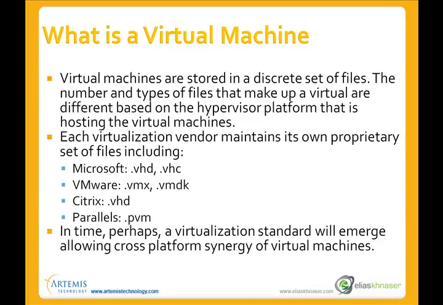It'll be very important to be able to have a virtual machine cross different hypervisor types, so it can go from Microsoft Hyper-V to VMware ESX to Citrix XenServer. That's going to be extremely important in the future, to have a single standard for files that are related to virtual machines.